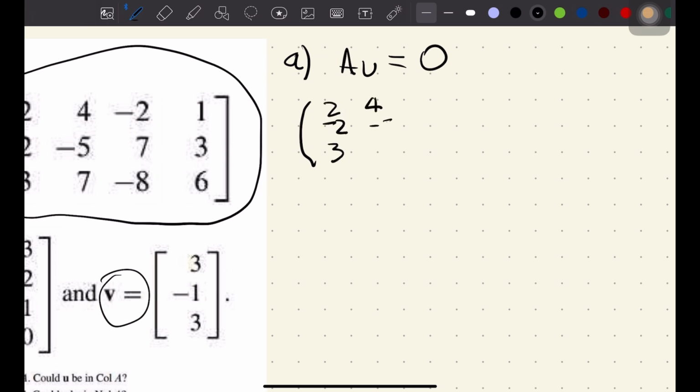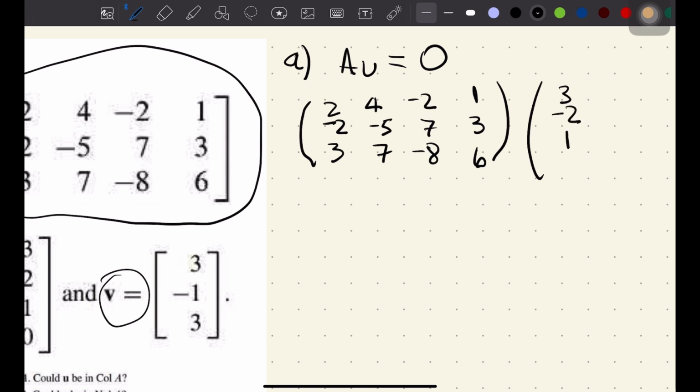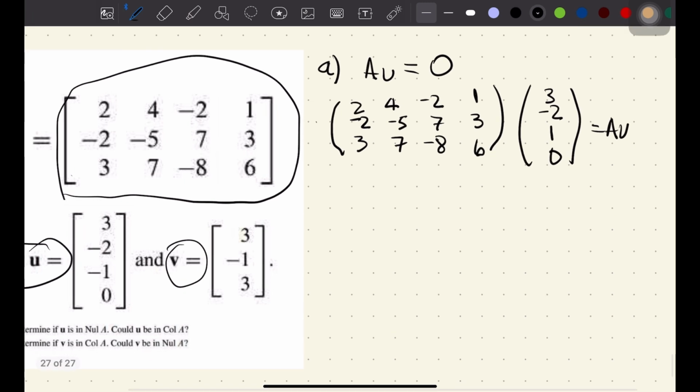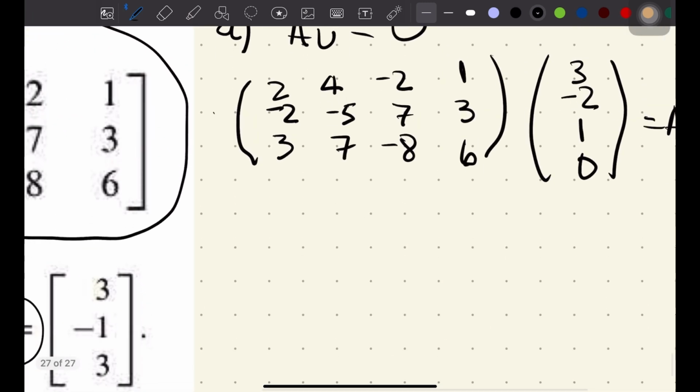So we have these values: 7, -2, 7, -8, 1, 3, 6. Then we have the other vector, 1 and 0. So the answer that we get from solving this will be (0, -3, 3).